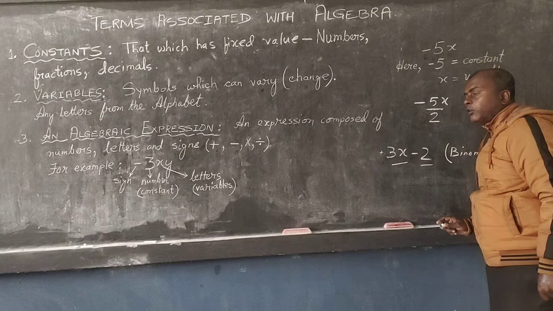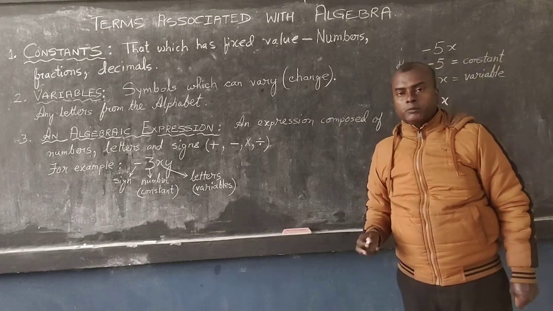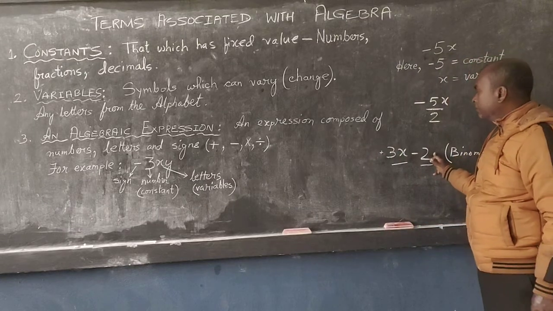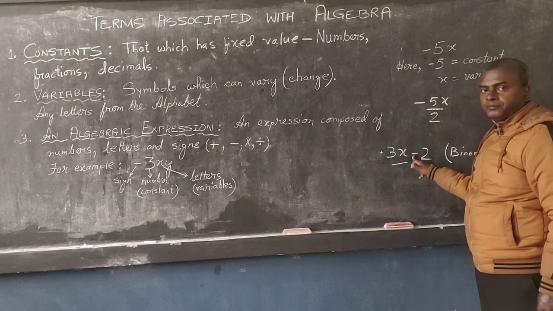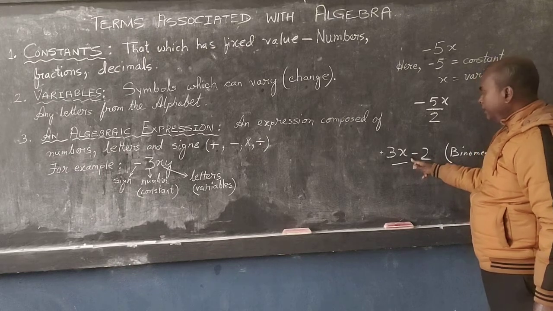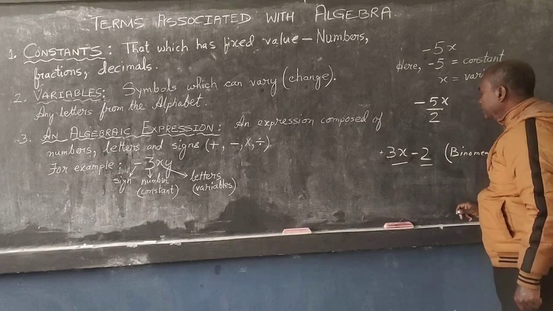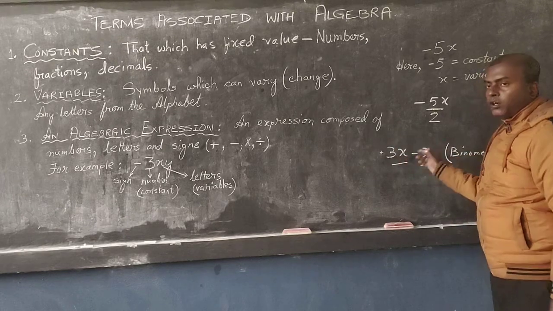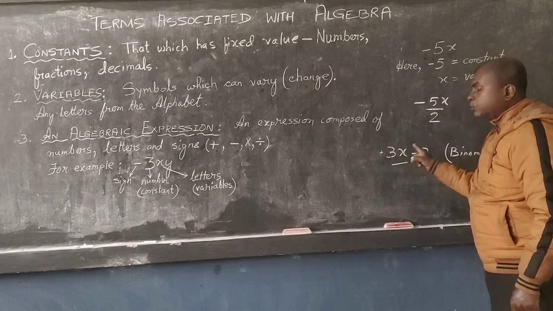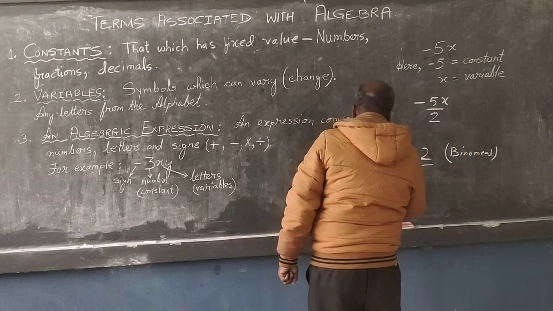Not necessarily will all algebraic expressions consist of variables. Some of them may not even have a variable, like in this case. 2 doesn't have a variable, but 2 has a sign. Minus. So minus, that is the sign. 2, that is the constant. And there is no variable in this case. So, two sets of algebraic expression. This is one and this is one. So, two terms. Likewise, you can have three terms also.